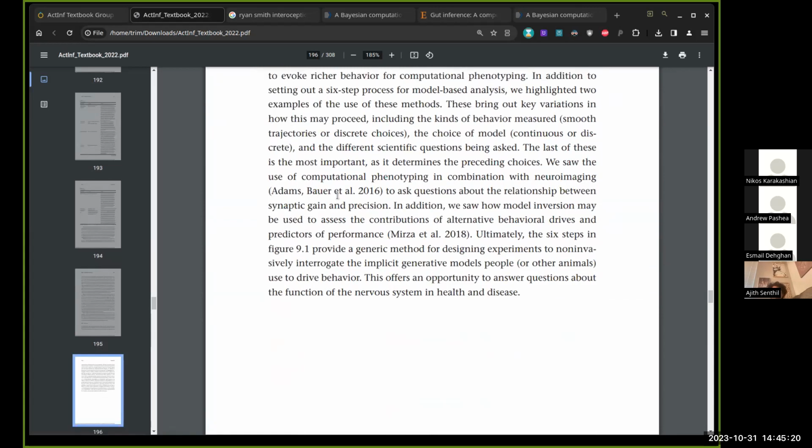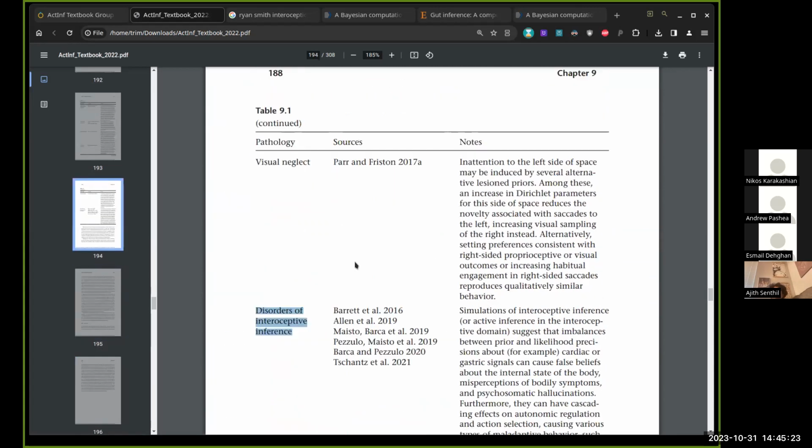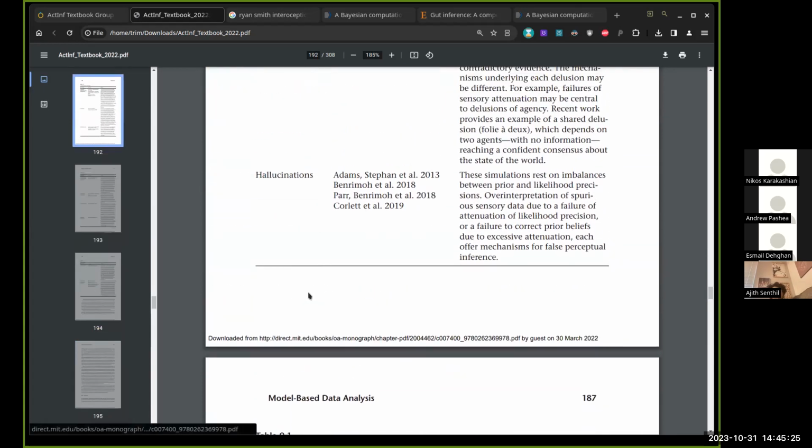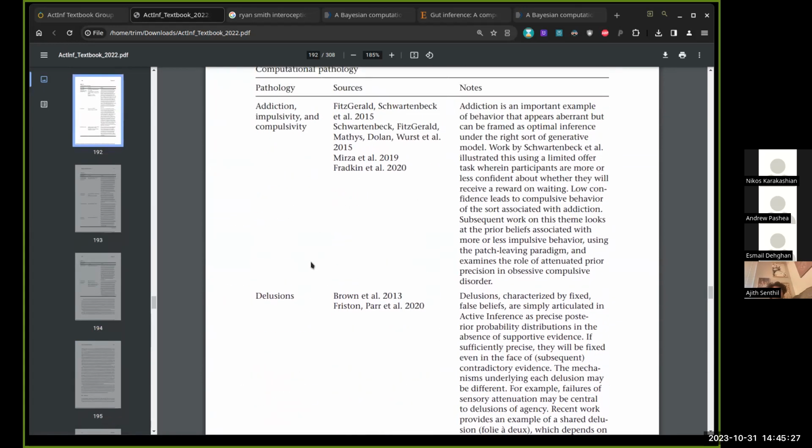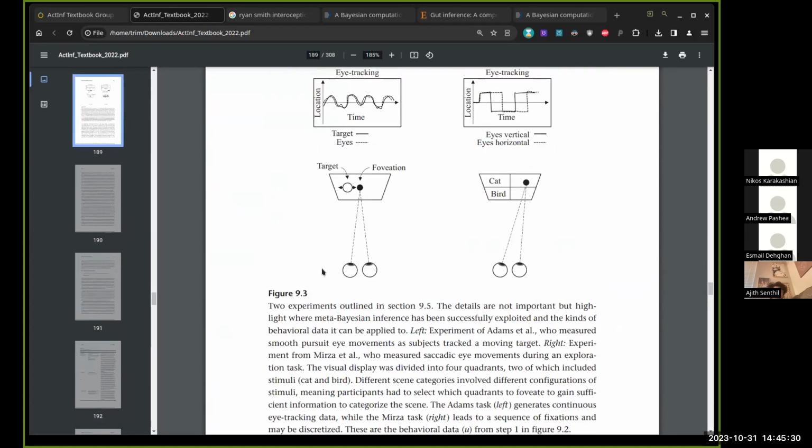And that's the summary. So it's an interesting chapter with a few of these mosaic sections.